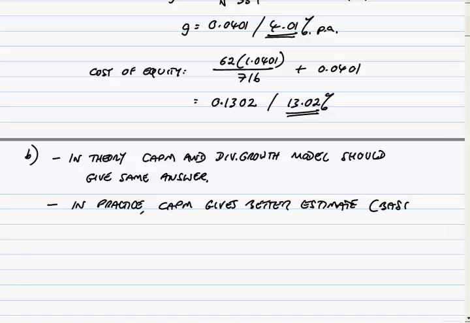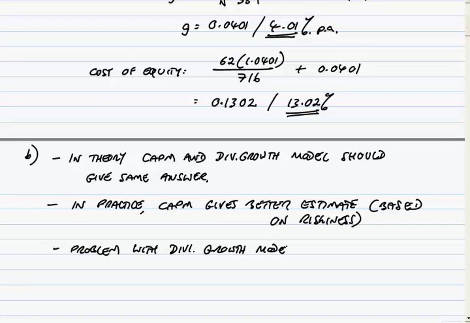It's based on the riskiness. And the reason is that the problem with the dividend growth model is that it assumes perfect knowledge.